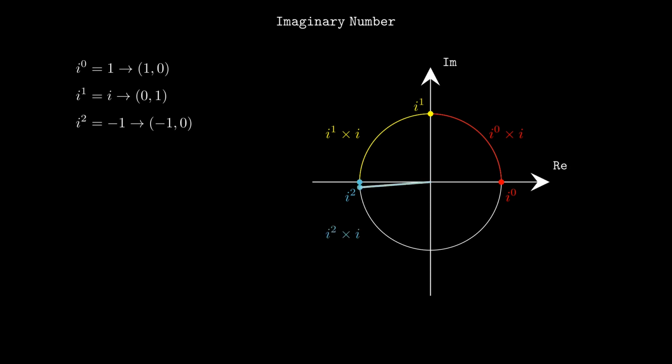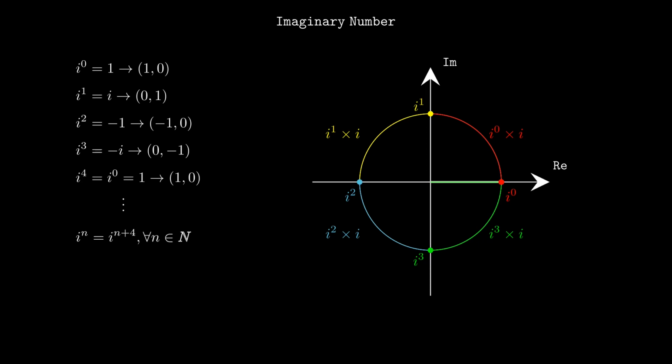Rotate it 90 degrees counterclockwise to get i to the power of 3. i to the power of 3 is equal to -i, corresponding to the point (0, -1). Rotate it 90 degrees counterclockwise to get i to the power of 4. i to the power of 4 is equal to i to the power of 0, which is equal to 1, corresponding to the point (1, 0). Just back to the starting point.